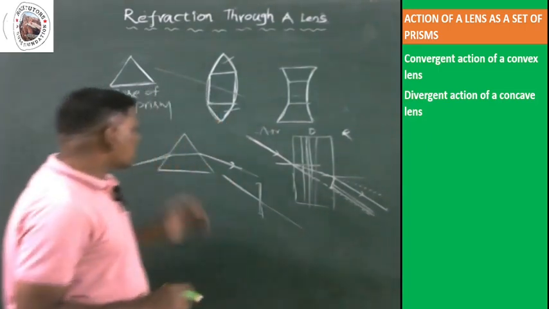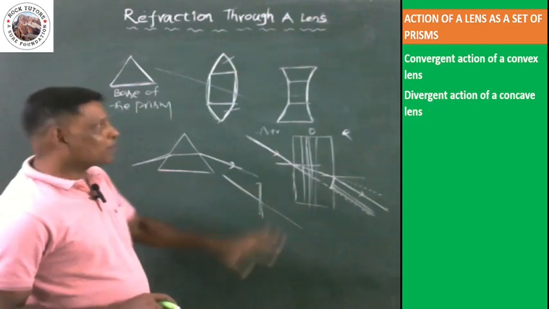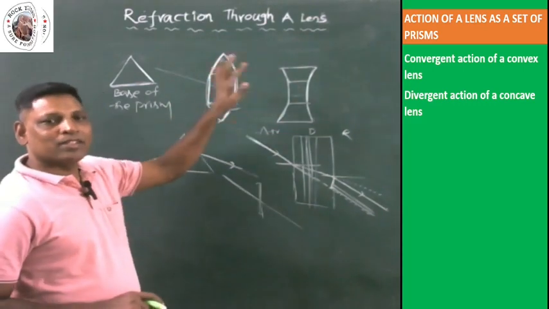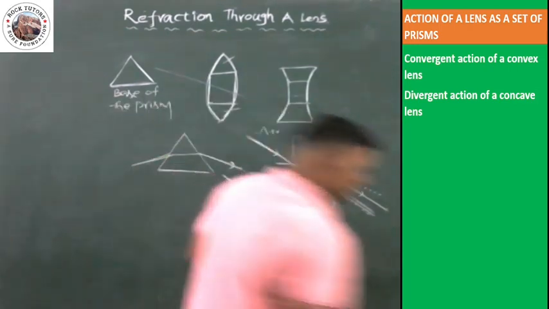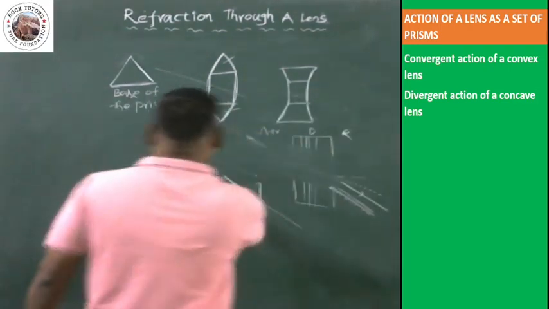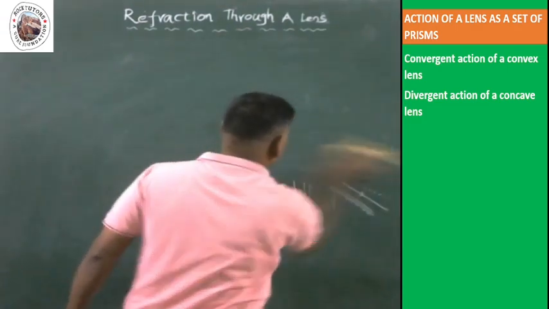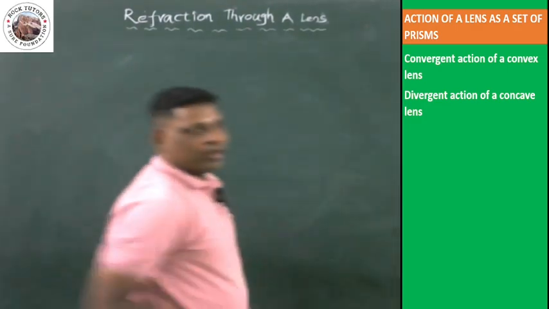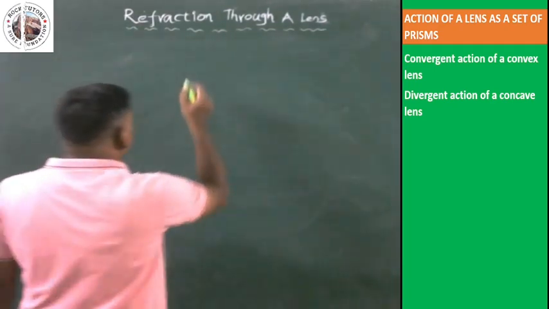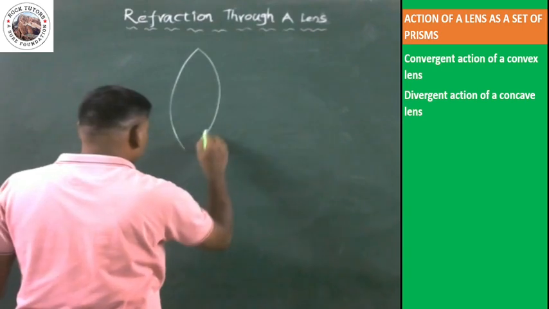Now we apply these points to our lenses and see what will happen. Here, this is the lens, this is a convex lens.